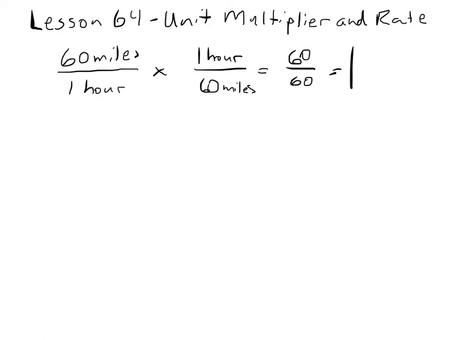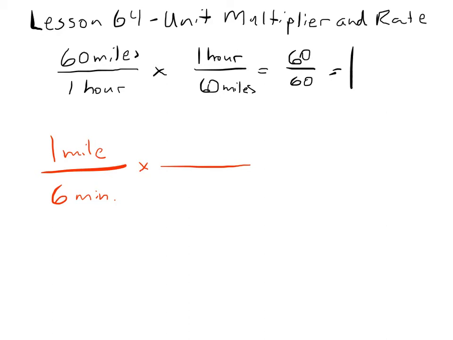Alright, here in example 1, we have Yasmin ran a mile in 6 minutes. Use a unit multiplier to find her average rate in miles per hour. So she went, let's see here, 1 mile per 6 minutes. And I need to use a unit multiplier, and I want to end up with miles per hour.